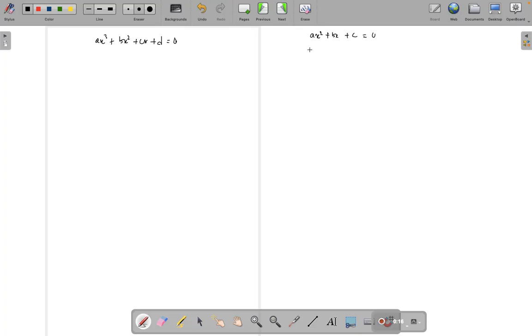The roots are alpha and beta. If the roots are alpha and beta, then x minus alpha and x minus beta are factors of this. So if you just multiply x minus alpha and x minus beta, you must get this equation.